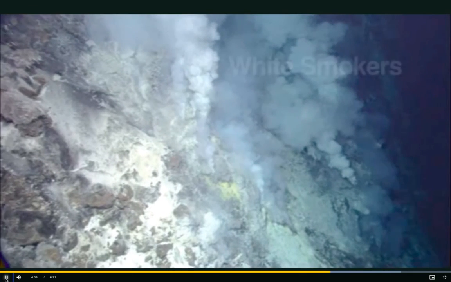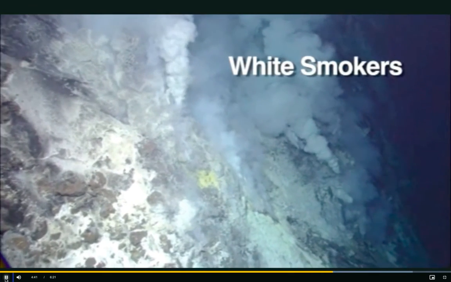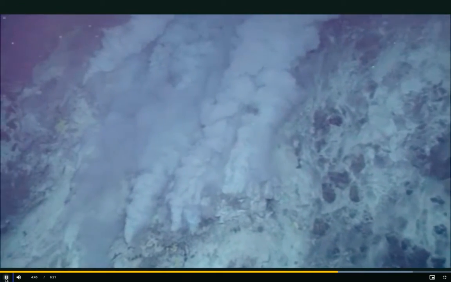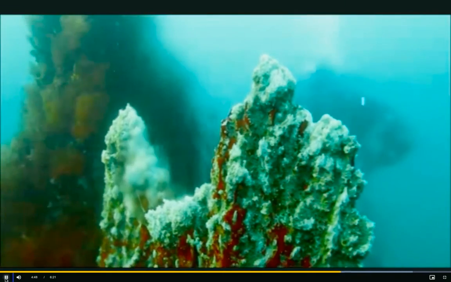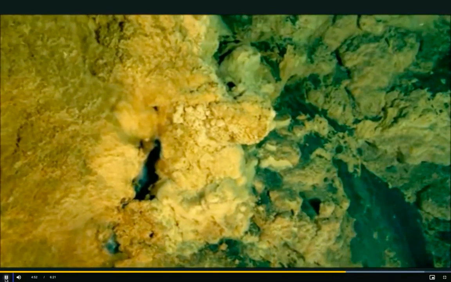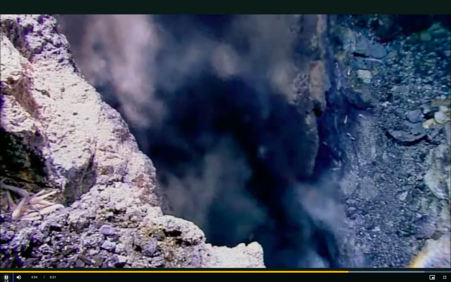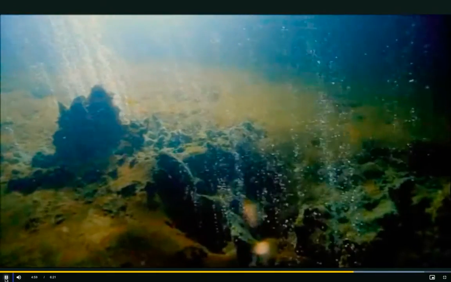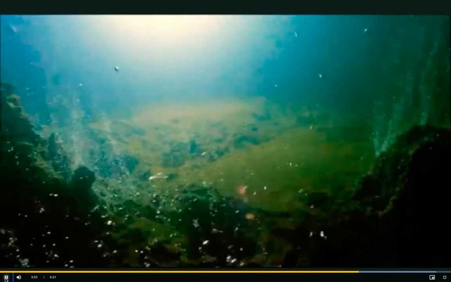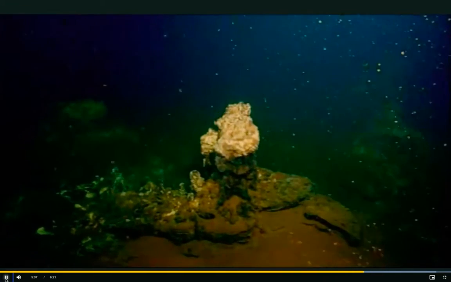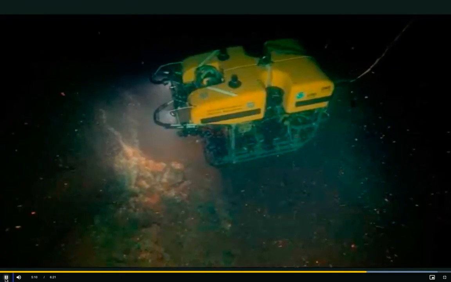In contrast, white smokers are characterized by the barium, calcium, and silicon they contain. Some vent fluids aren't characterized by a specific color, but can be identified by the shimmering water they emit due to the stark difference of water temperatures. And other vents simply emit carbon dioxide in streams of bubbles like carbonated soft drinks. Don't be fooled by what may seem like gently flowing water.